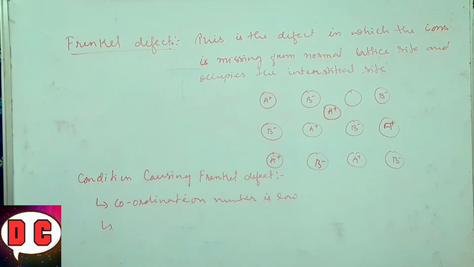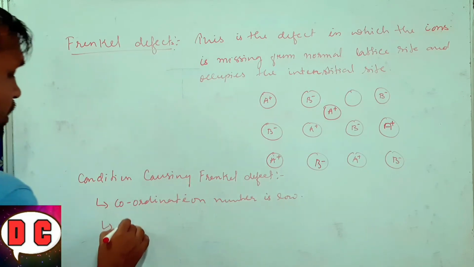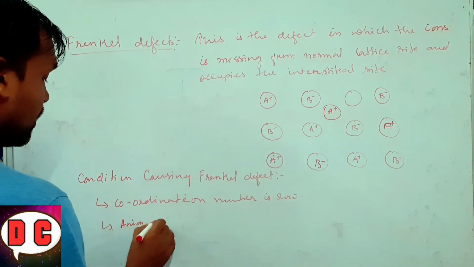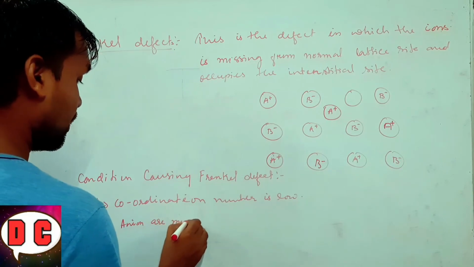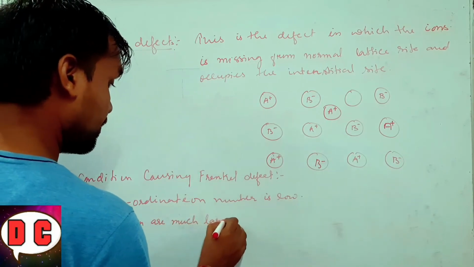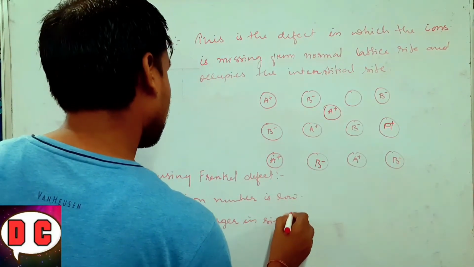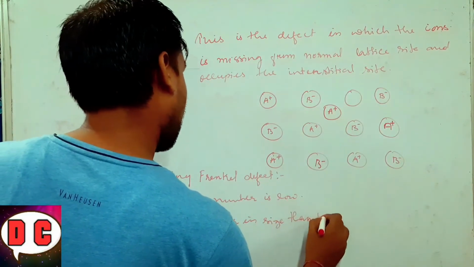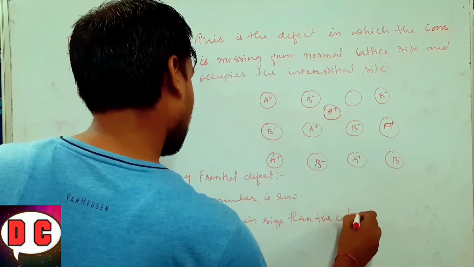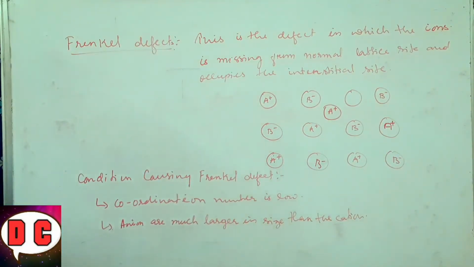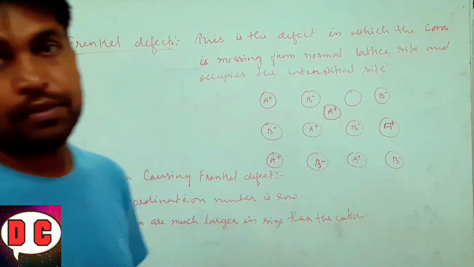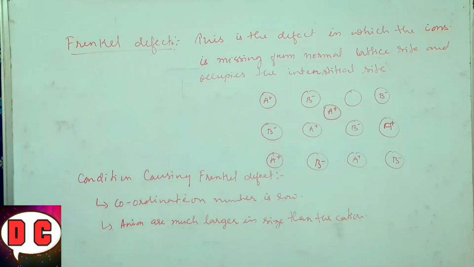Anions are much larger in size than the cations. So these are the two causes for Frenkel defect: the coordination number is low, and the anion size is much larger than the cation size. Okay, take down the notes.